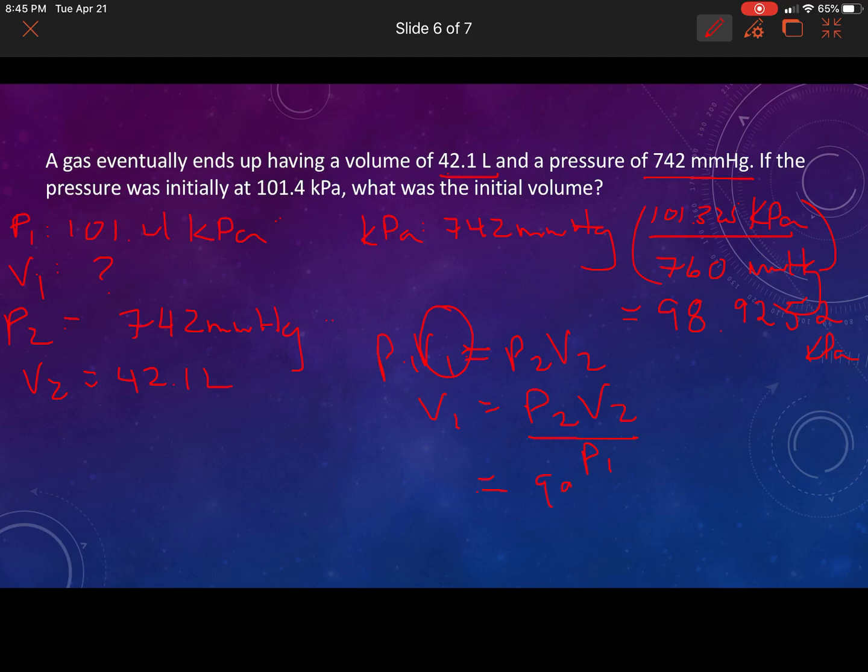So if we sub in our values here, we've got 92.9252 multiplied by V2, which is 42.1, all divided by 101.4.